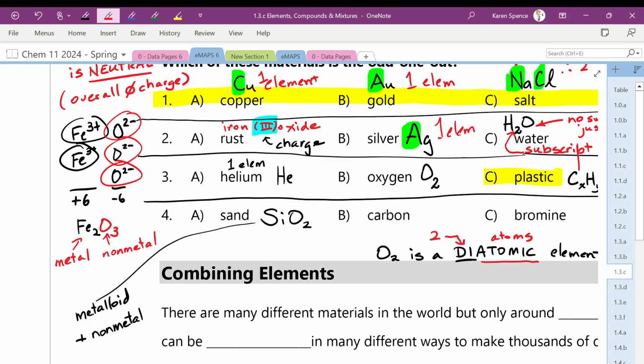And we have two different types of compounds that you've learned about in grade 9 and grade 10. See if you can chat with your neighbor and remember the two types of compounds.